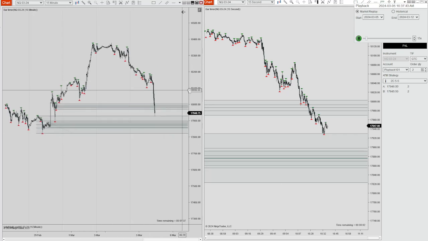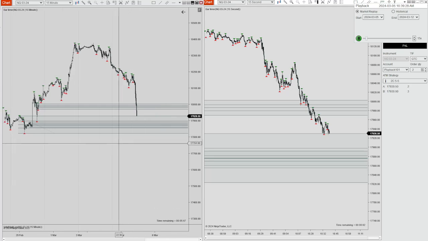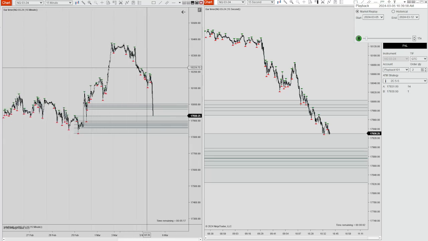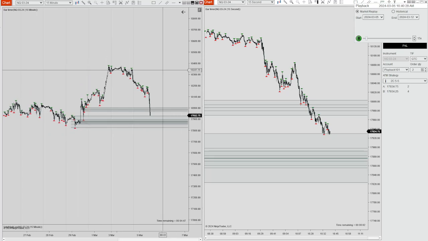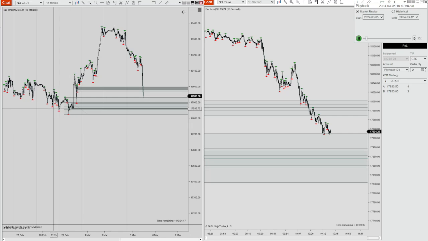So for me, I'm just thinking about my narrative right now. When I look at structure, look what price is doing. I'm looking for my narrative. Am I short? I'm trying to find a short-term bias, and for me right now, obviously it's down, but it's not clear how far down. It's not clear when we're gonna bounce or if we're gonna bounce.